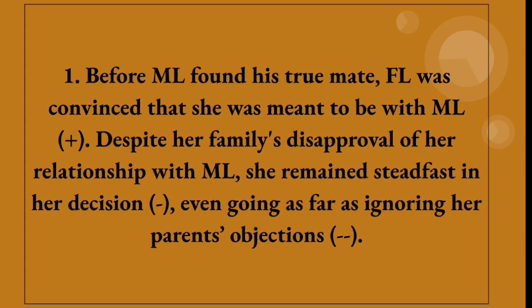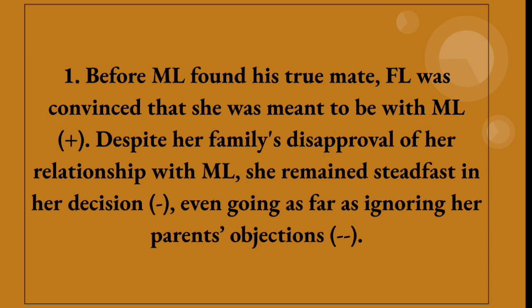The first plot, which is about positive, negative, negative. Okay, looking at your screen, we have that before the male lead found his true mate, the female lead was convinced that she was meant to be with the male lead. That is a positive emotion. The female lead is very happy that the male lead loves her so much. Despite her family's disapproval of her relationship with the male lead, she remained steadfast in her decision.